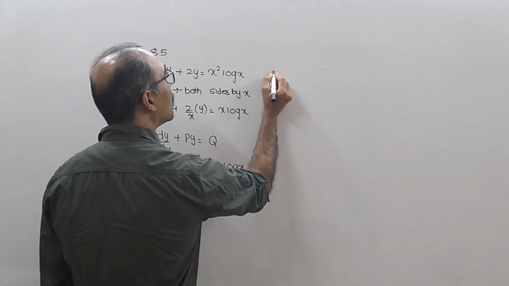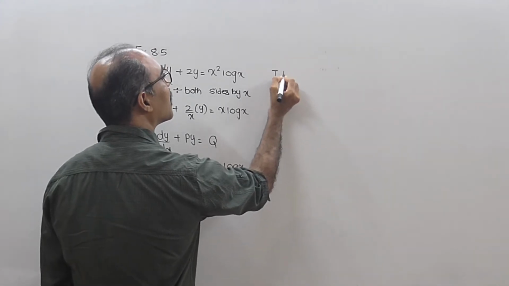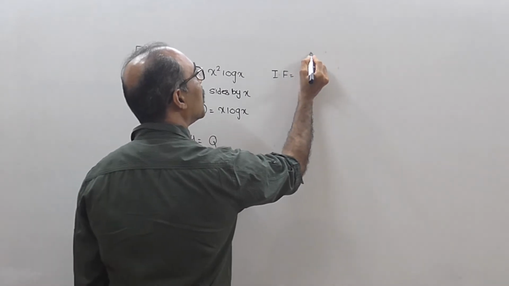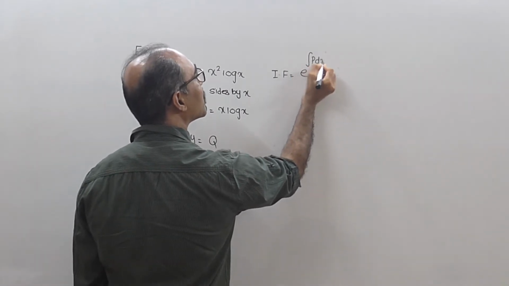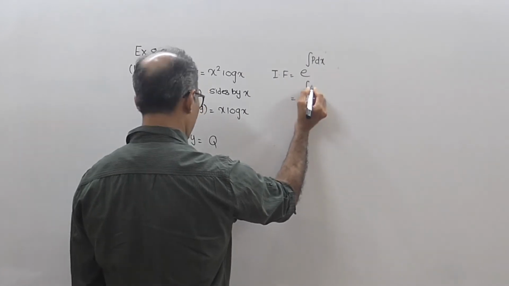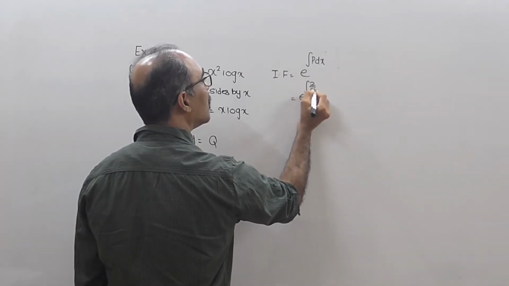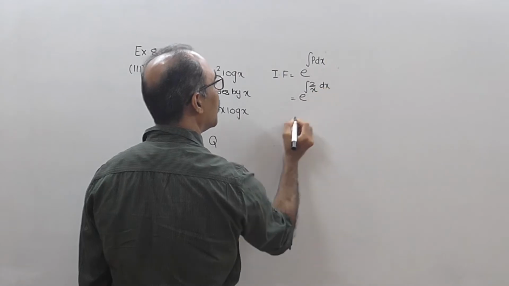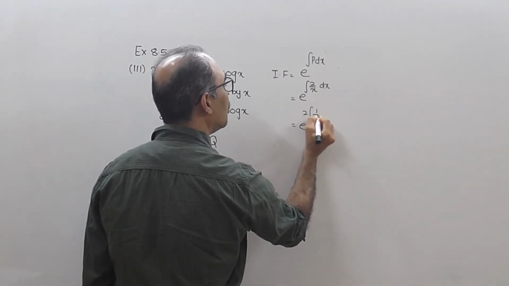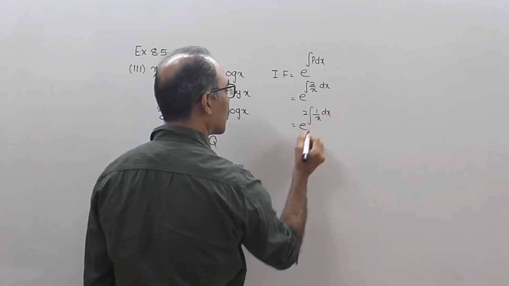Now the integrating factor will be equal to e power integration P dx. So that is equal to e power integration of 2 upon x dx. So this is e, with 2 outside, we get integration of 1 upon x dx.